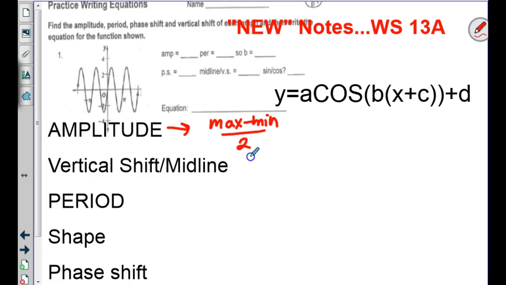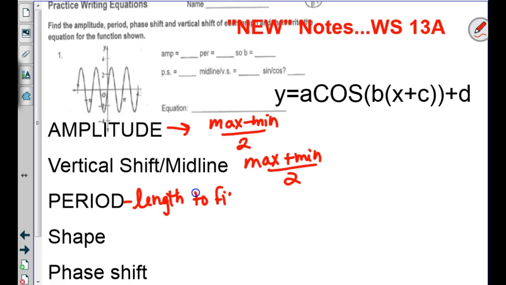If I take the top and bottom and average them, what will I get? What's exactly in the middle? Midline. Yes, the midline, which is also the vertical shift. So max plus min divided by 2 will give you the midline. Okay, the period is just the length across to finish one cycle.